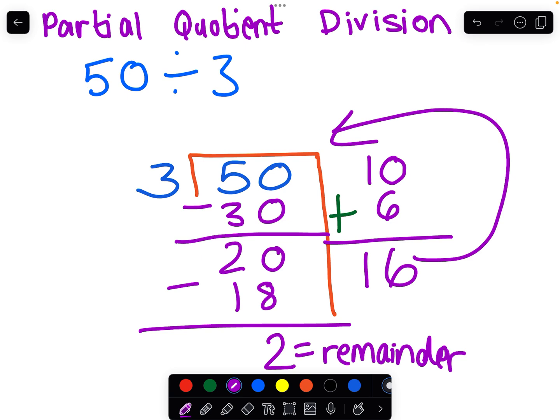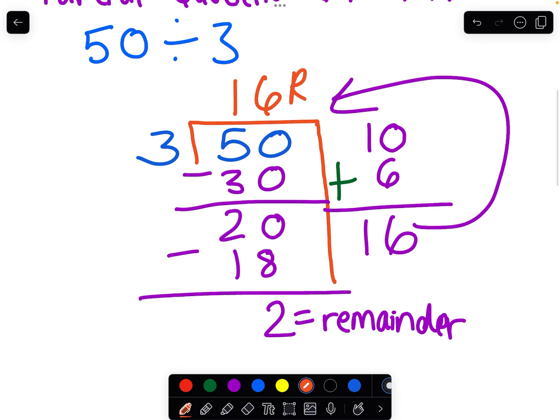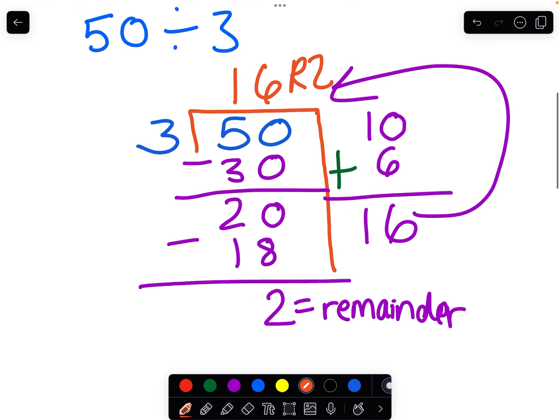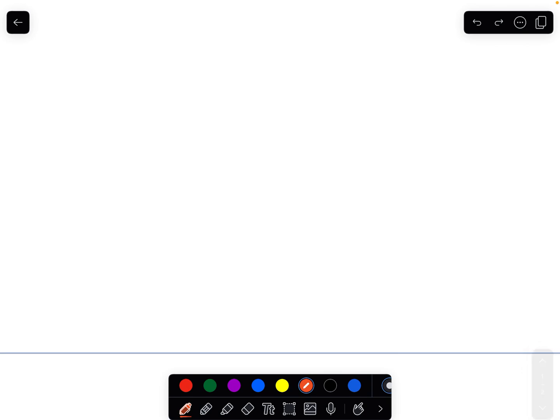That's my answer. My answer is 16 with a remainder of 2. Another way to think about it is 16 and 2/3, or you could just say 16 remainder 2. And there's my answer. Let's do a couple more examples so you get the idea of how partial quotients work.